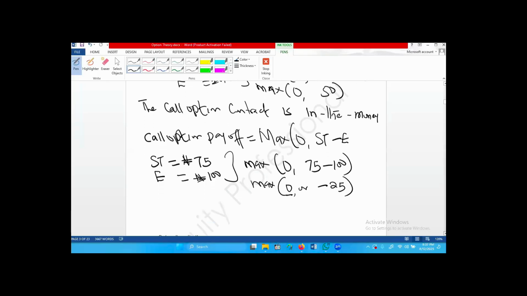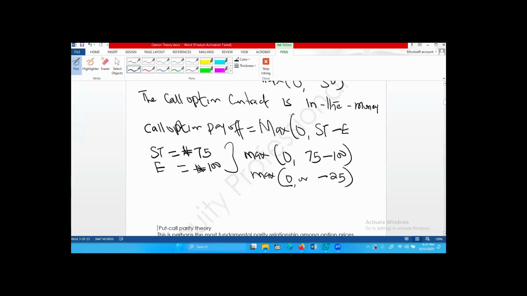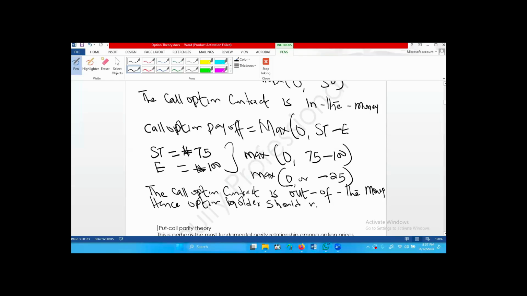Hence, the option holder should not exercise his right to buy.